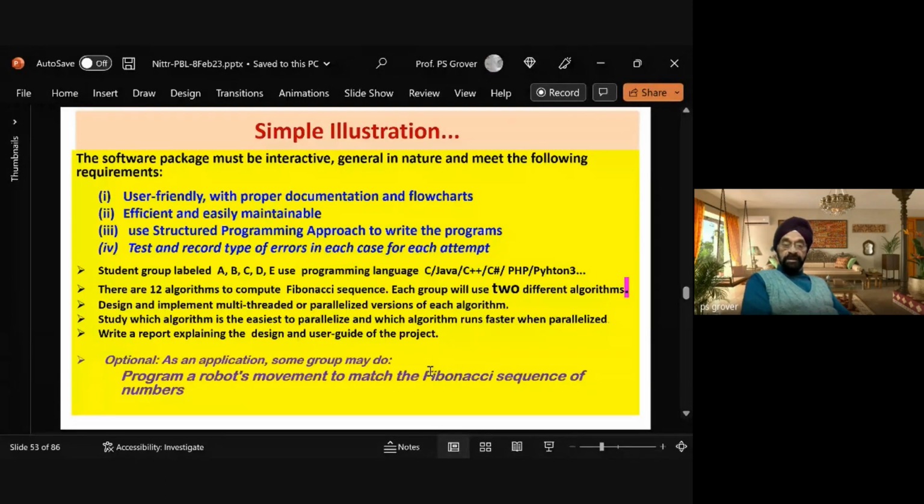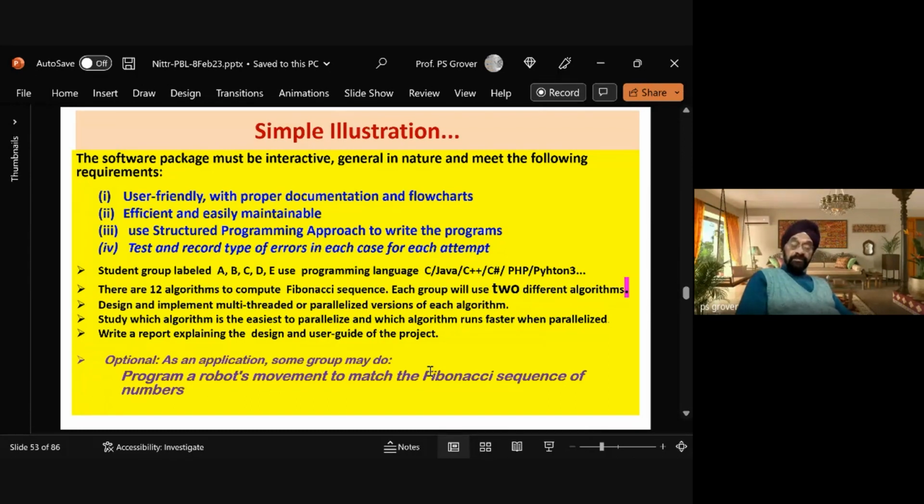Design and implement multi-threaded parallel versions of each algorithm. Study which algorithm is the easiest to parallelize and which algorithm runs faster. Write a report, design and a user guide of the project. Now, please see here the same project, same thing.